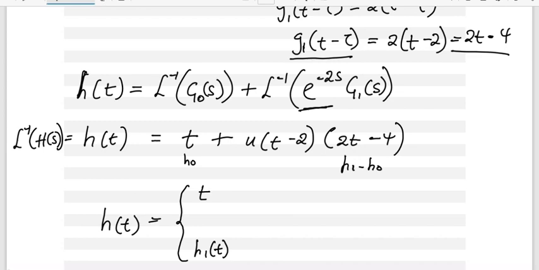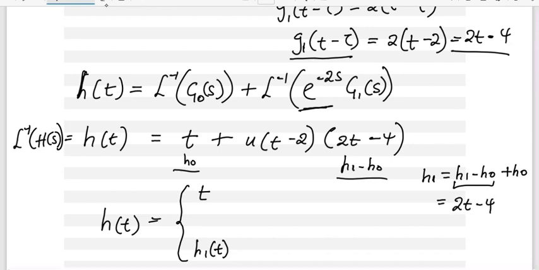Then to find our h1 of t, we have to use this, and our h1 of t will simply be h1 minus h naught plus h naught, and h1 minus h naught is 2t minus 4, then plus h naught is t, and this will give us 3t minus 4.